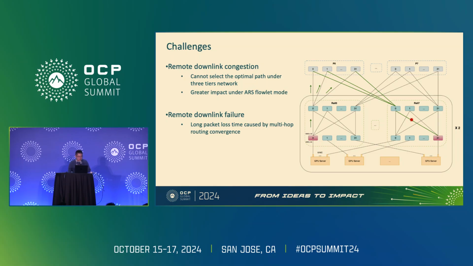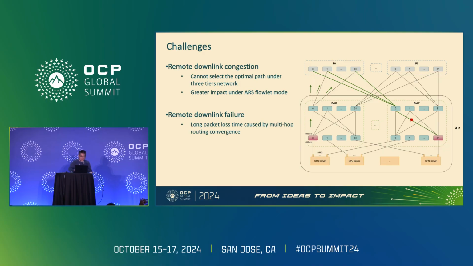Now, despite the significant improvement, we still see some gaps when using the ARS method. Because the ARS only monitors the local outgoing link, it's not able to cope with remote quality changes down the packet path. This will limit its load balancing capability under network scenarios where remote link quality changes are involved.